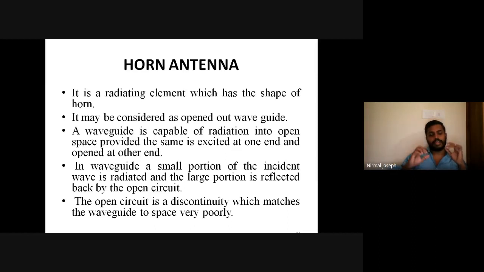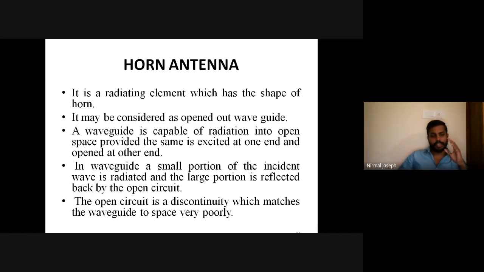A wave will be guided through the waveguide, and at the open end it is capable of radiating the signals to the atmosphere or air. But one problem is there that we are going to see in the next point. In a waveguide, a small portion of the incident wave is radiated, and the large portion is reflected back by the open circuit. That is the main problem here.